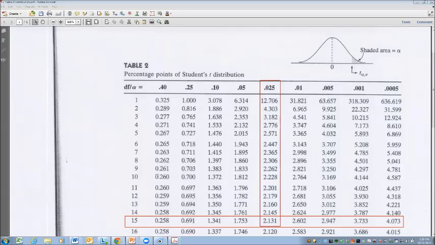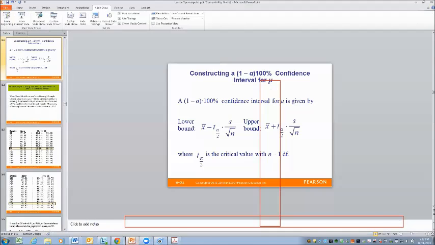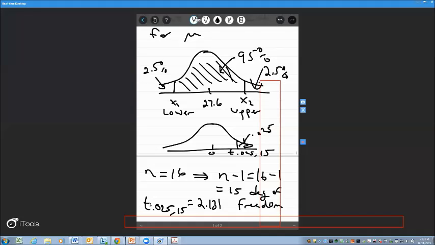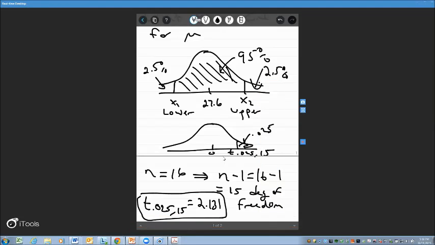The notation that we use is we'll put t with a subscript of alpha, whatever the value was that we were looking at, percent that's going to go in the tail, and we'll use a comma and then we'll put the degrees of freedom with it.